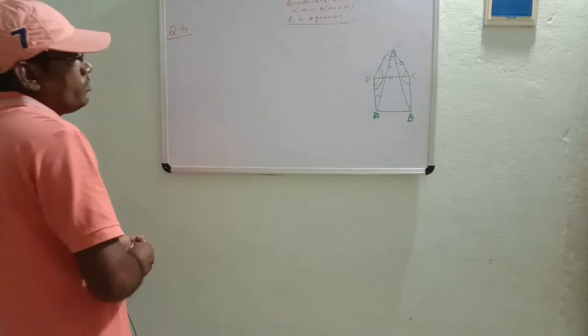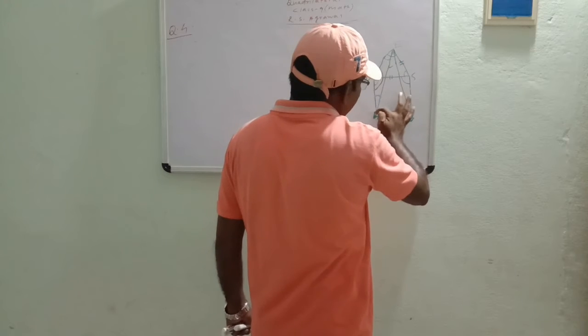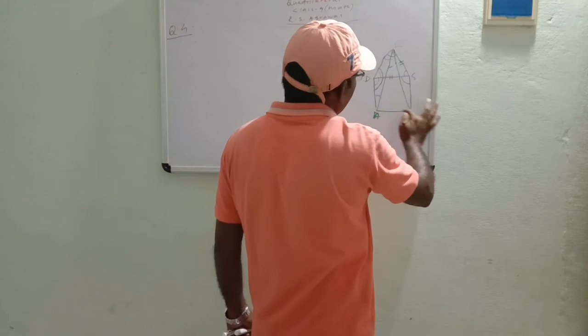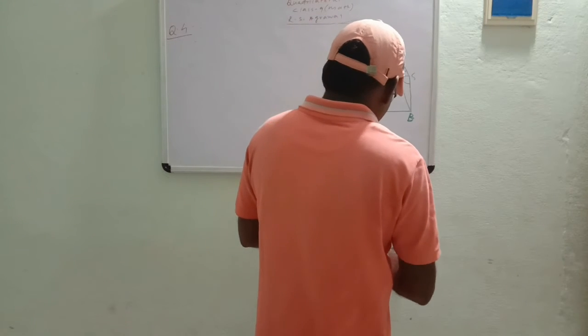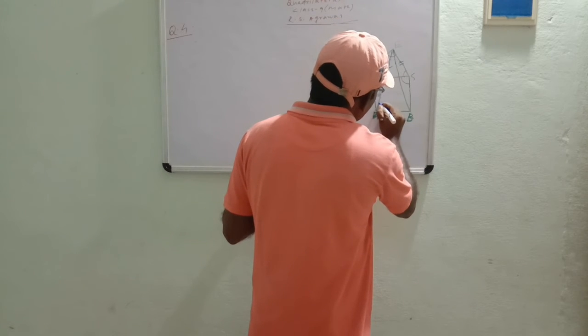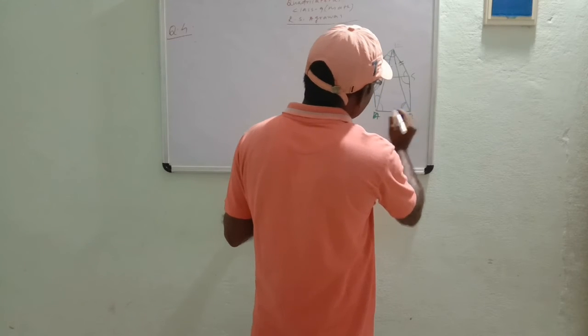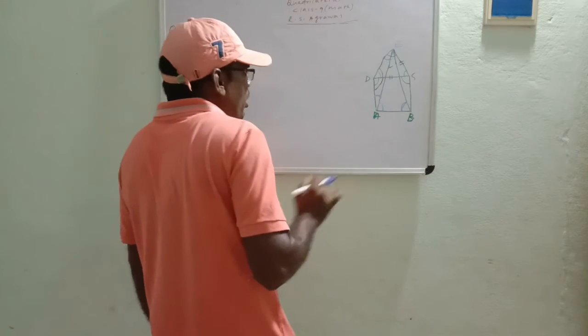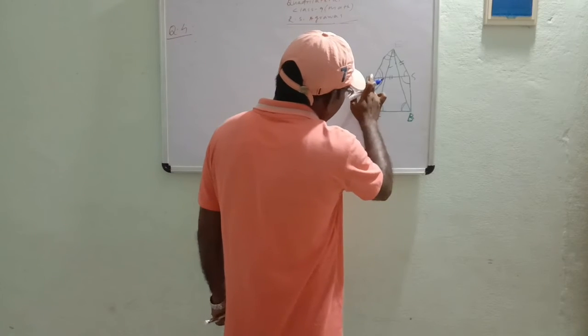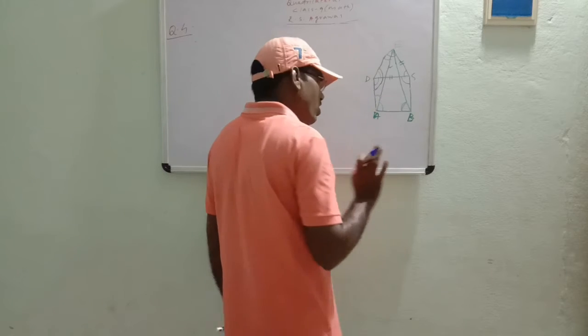Now consider this triangle EAB. In this triangle, first you have to find these two angles. Already you have found out angle DAE, this angle, equal to 15 degree.